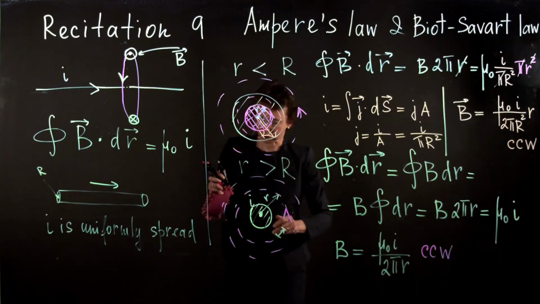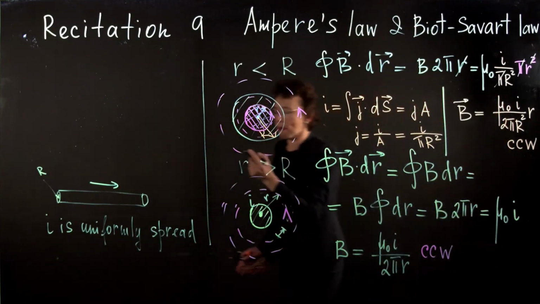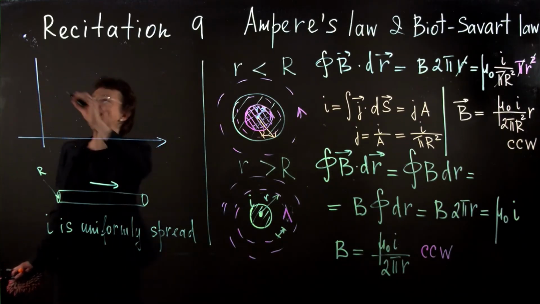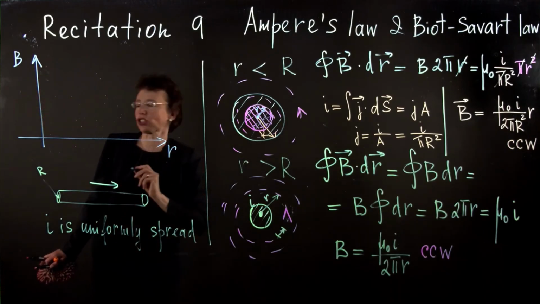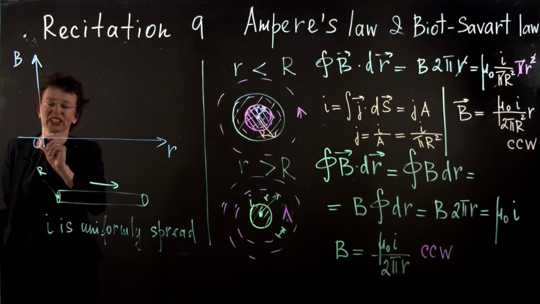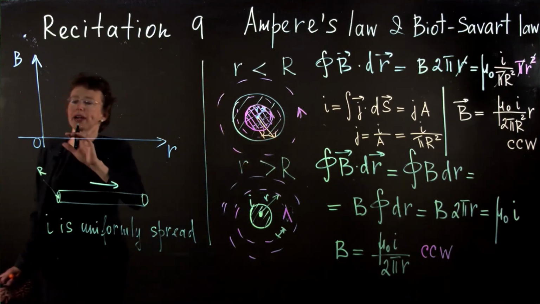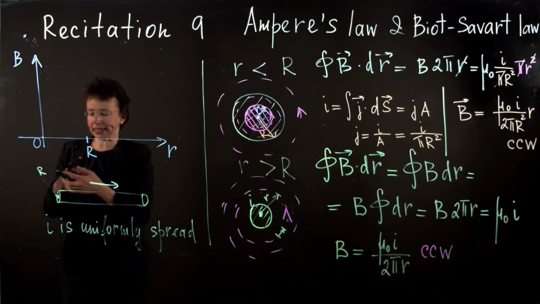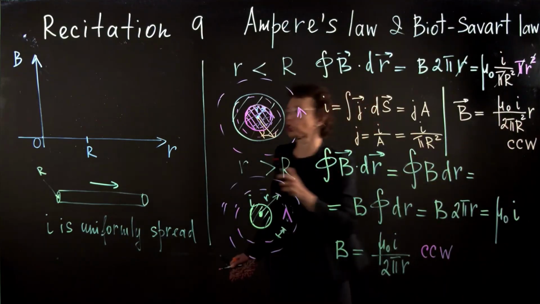Can I erase real quick? All we need to do now is plot the magnitude of the magnetic field inside and outside the wire, as a function of the distance from the center of the wire. I'll just go to the right of this wire. So this is the radius of the wire, and inside the wire the magnetic field is proportional to r.